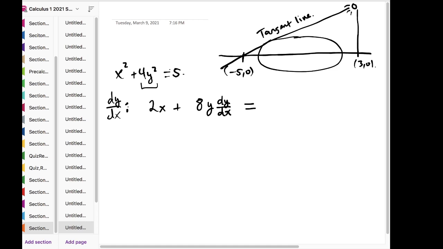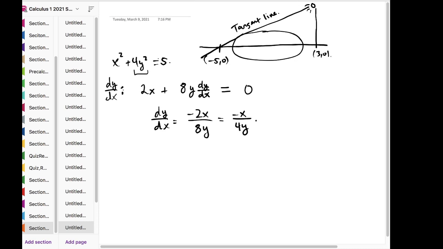And then what is that equal to? 0. Okay, so solving, we get -x over 4y.